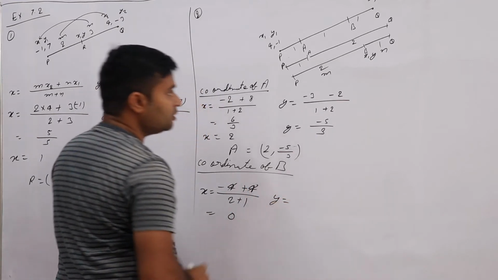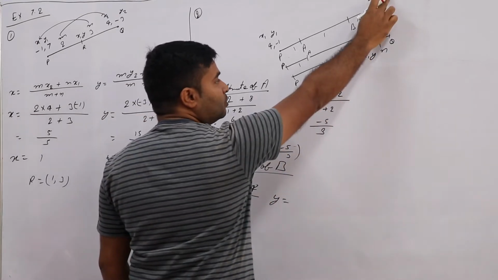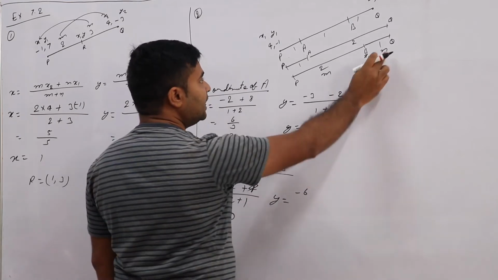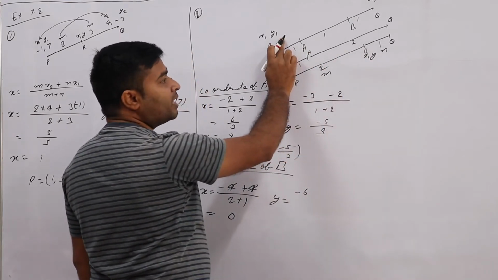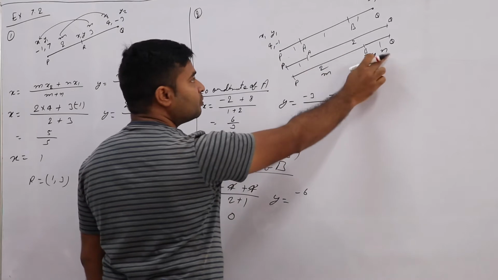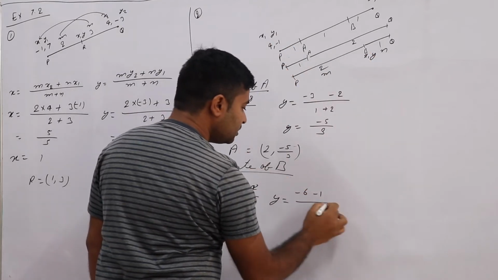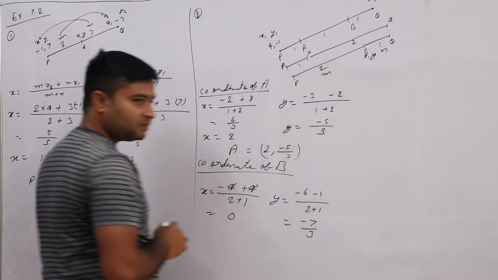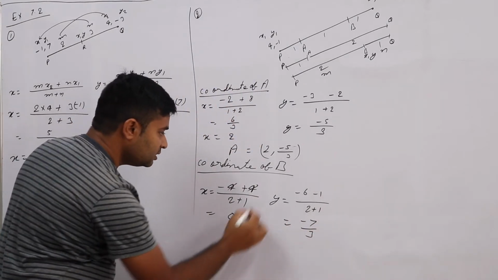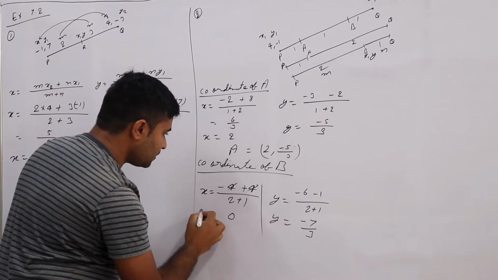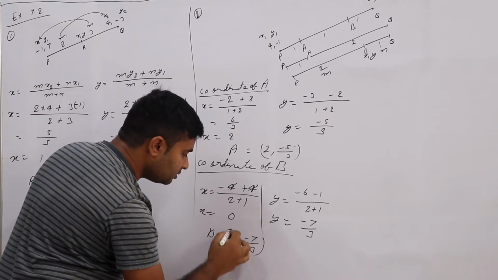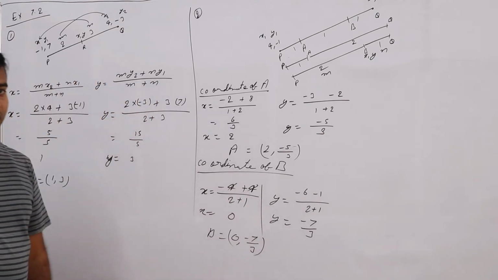Now y is equal to m y2, so 2 times minus 3 is minus 6, plus n y1, 1 into minus 1 is minus 1, by 2 plus 1, which is minus 7 by 3. So coordinate B is (0, -7/3). Yes or no?